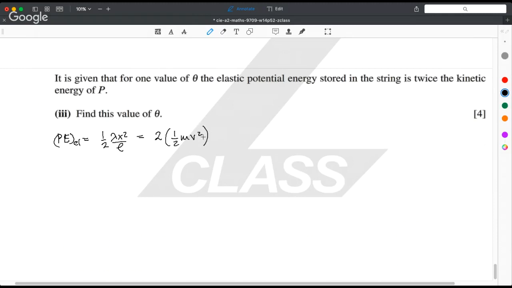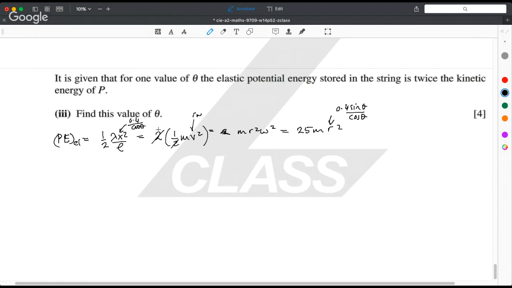If we plug in v equal to r omega, and cross out those 2's, this is the same thing as m r squared omega squared, which is 25 m r squared, where this x is the same as we got before, 0.4 over cosine of theta, and this r is 0.4 sine theta over cosine theta.